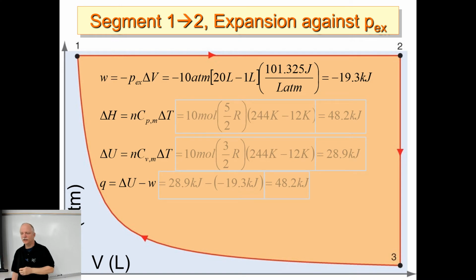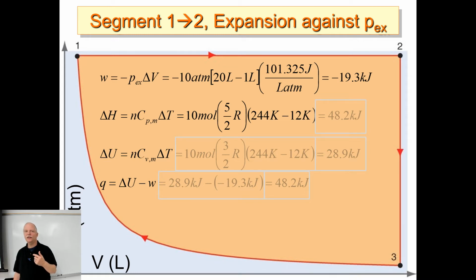That's negative 19 kilojoules. So then we want to calculate delta H. You could do this many different ways. We could do U first. We could do Q. But let's go ahead and get delta H. So that's the heat capacity at constant pressure times the number of moles times delta T, so T final minus T initial. Now you're looking at that 5 halves R. That's Cp.